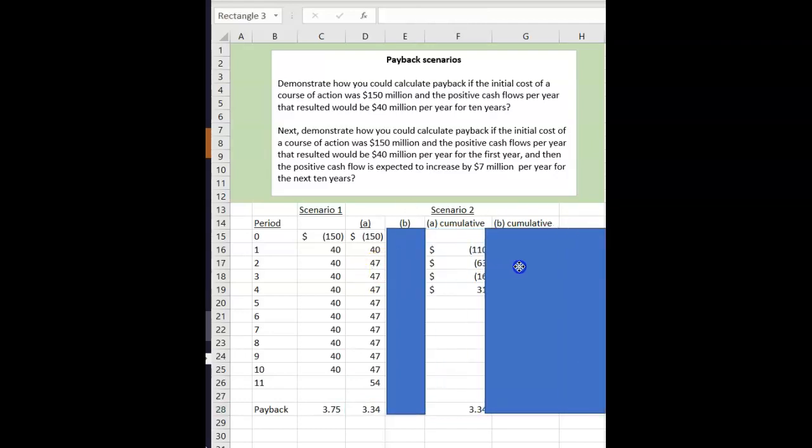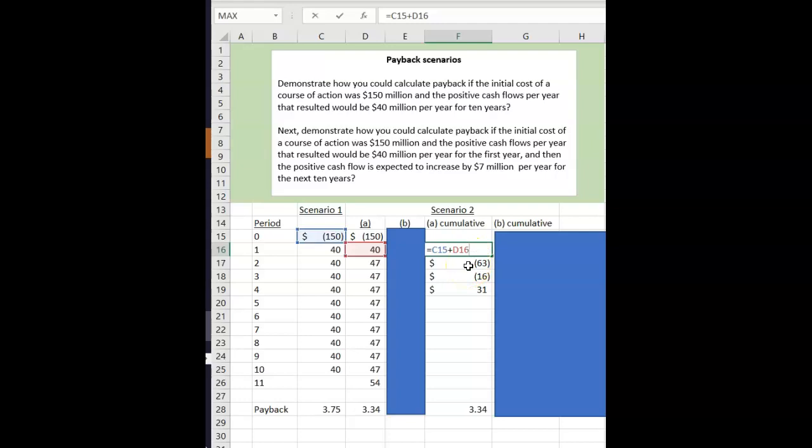Now, if you didn't want to do it that way, and this is the way I typically do this, I calculate a cumulative cash flow. So if we look at this, we're 110 in the hole, right? C15 plus D16. Then I take the cumulative amount from the cell above, add 47, and it keeps going smaller and smaller till we're positive.